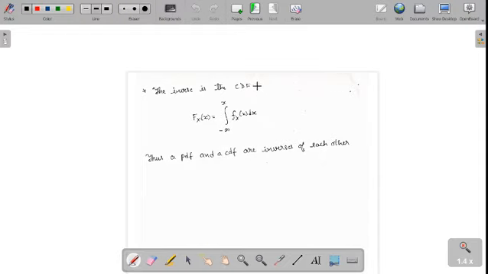So the inverse of the PDF gives you the CDF. Each PDF and CDF is the inverse of one another.